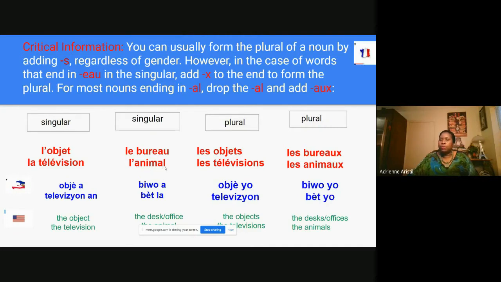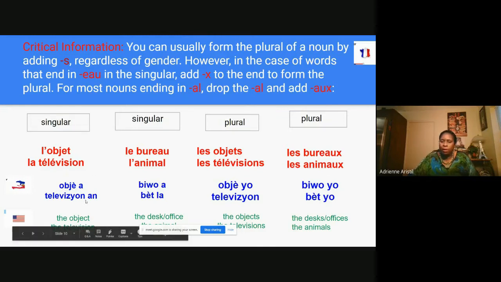They give you the strategy to drop the AL. They could have told you just add UX. No, drop the AL and add AUX, to be clear and not confuse yourself. AUX. Okay, that's for French.